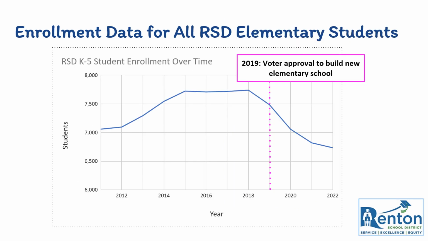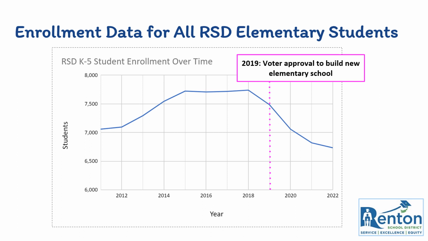This slide shows us enrollment data for elementary students in Renton over time. So you can see that between 2012 and 2015, we had an increase in students in K-5. There was a bit of a plateau from 2015 to about 2018, and the following year is when voters approved the building of the new elementary school.